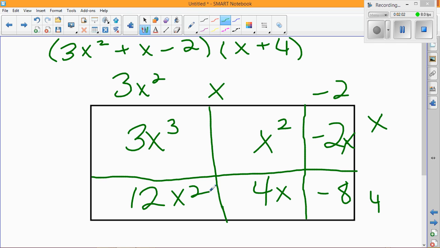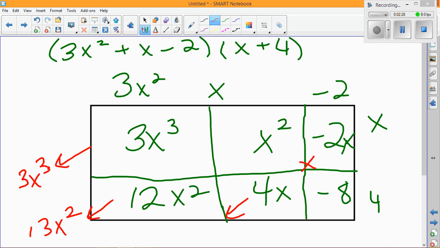And we learned from quite a few examples in class that it does end up being pretty handy that the like terms are on the diagonal. So I have 3x squared, x squared, and 12x squared, which is 13x squared. And -2x and +4x give me, I'm adding this.